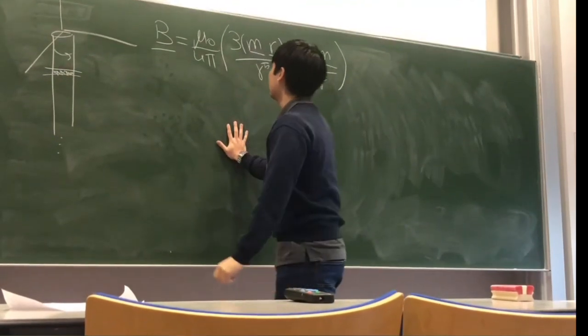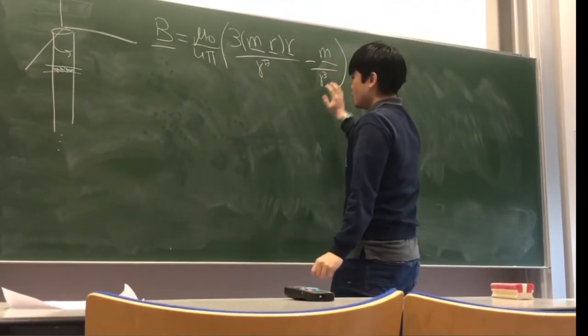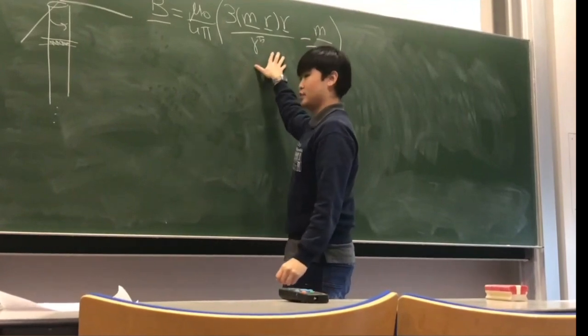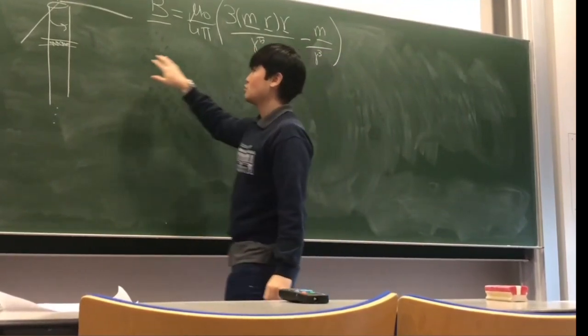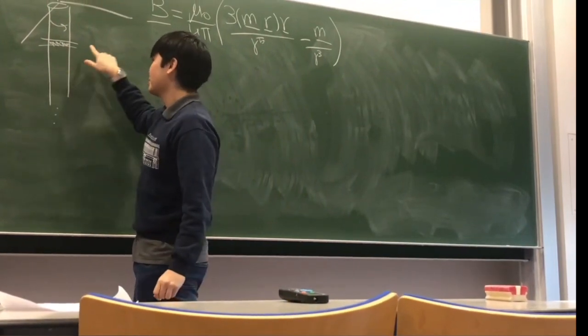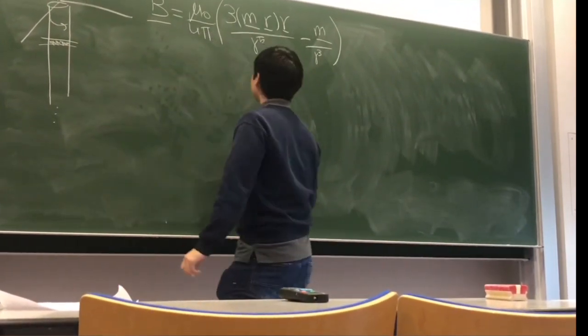Right? Okay, so what we need to do now is integrate this field equation, and then you will see that the field far away from this solenoid is going to be point-like.